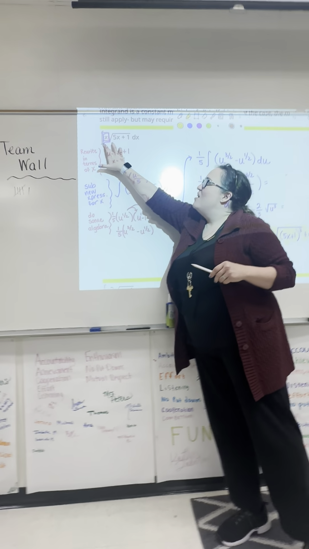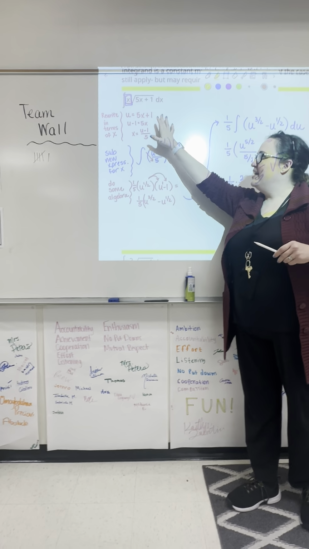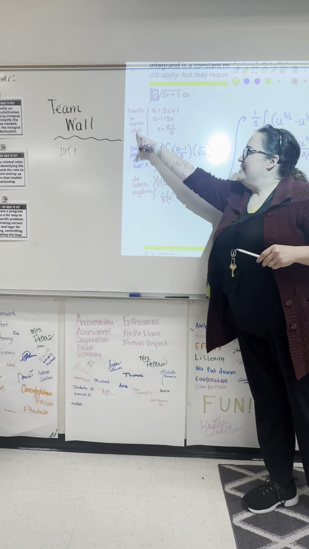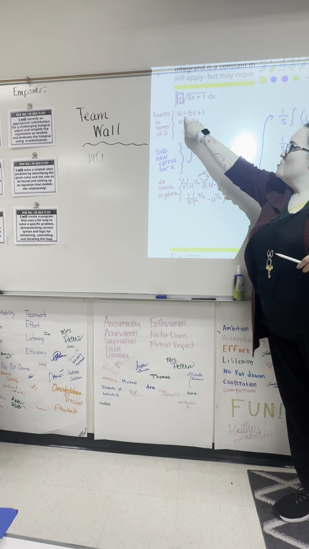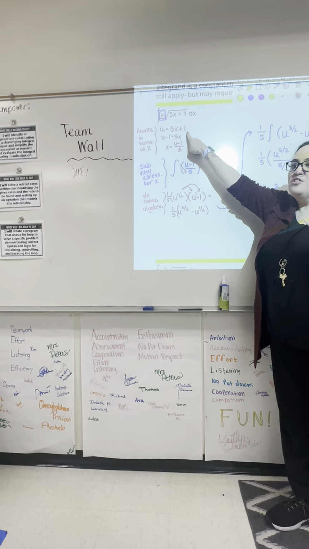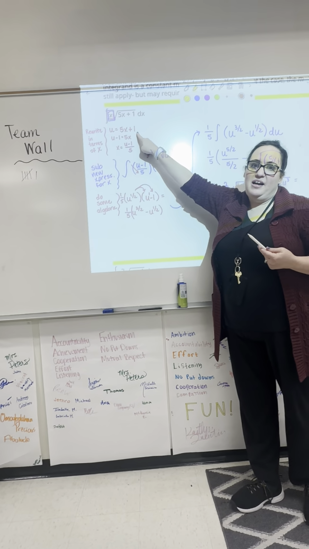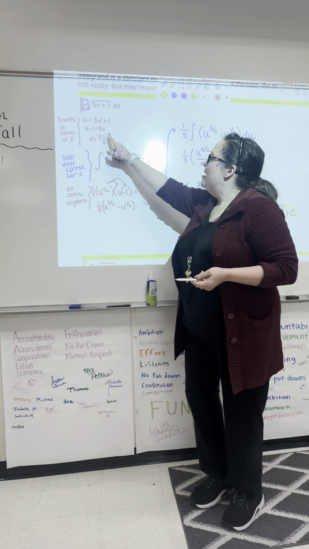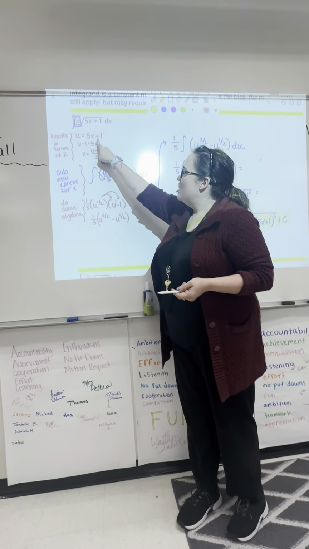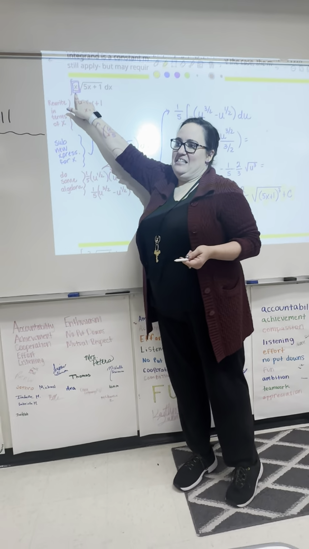Okay, since I know I can't do that, I'm gonna rewrite that u expression, which I could tell is what my u is supposed to be, right? Are we all there? So I'm gonna rewrite that in terms, because I need to get rid of this x.